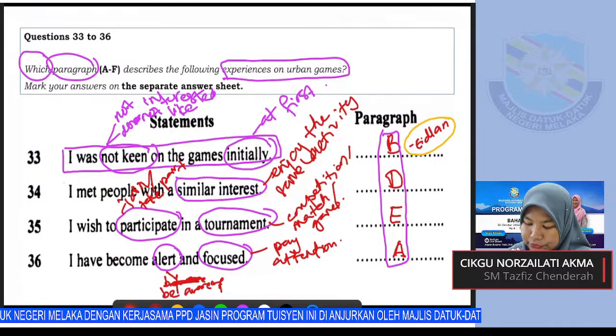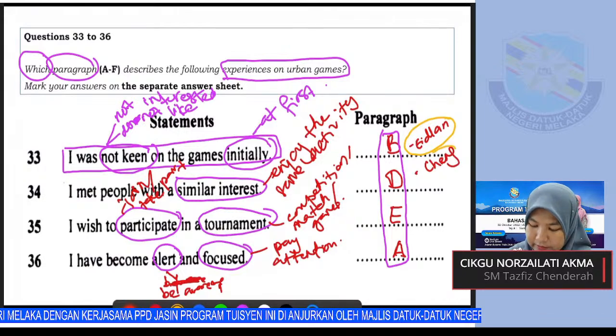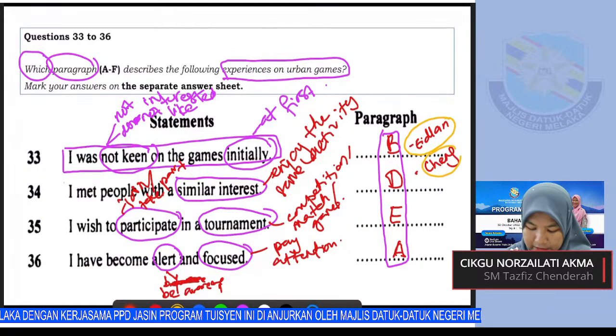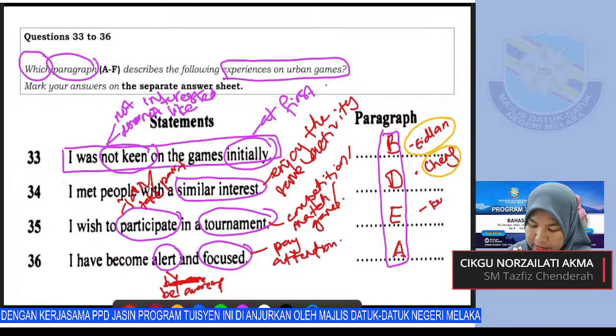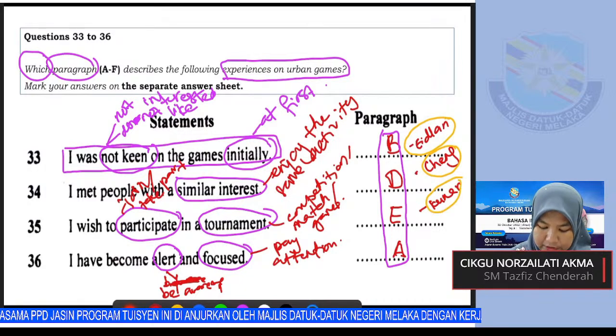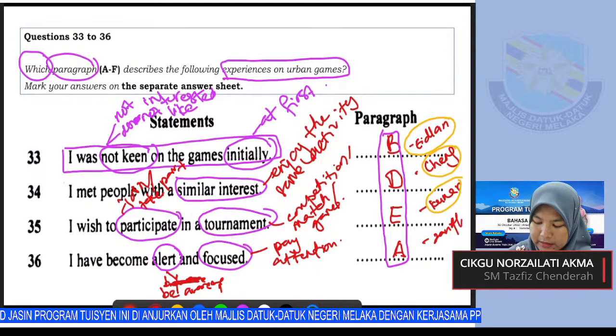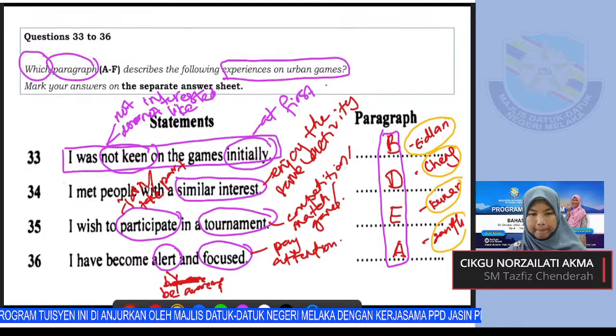D refers to Chang. And then E, we have Kumar, who has the basketball team. And the last one, Zarid says he needs to be focused and alert.